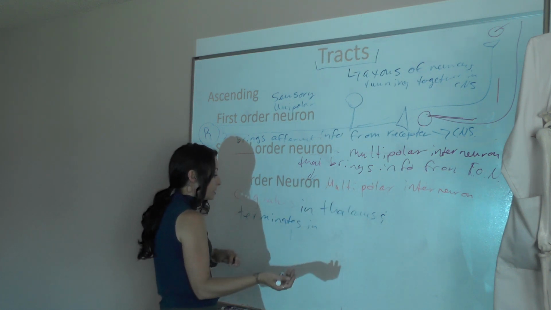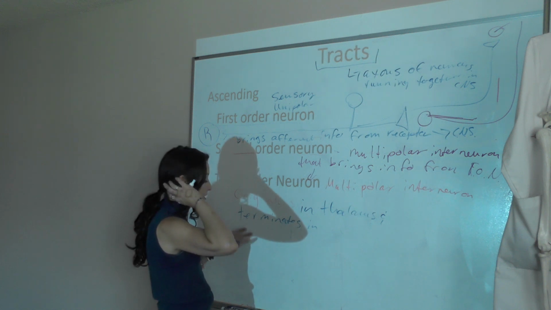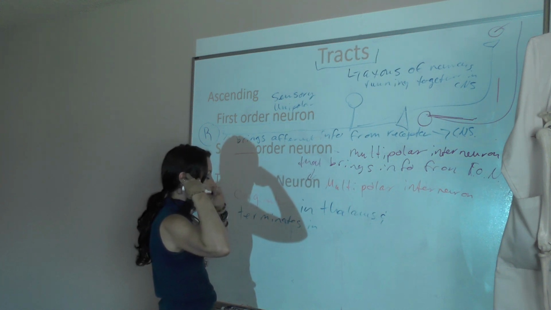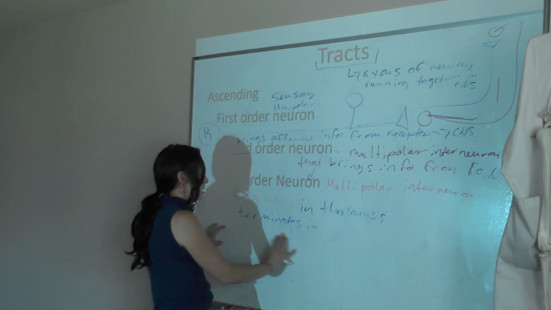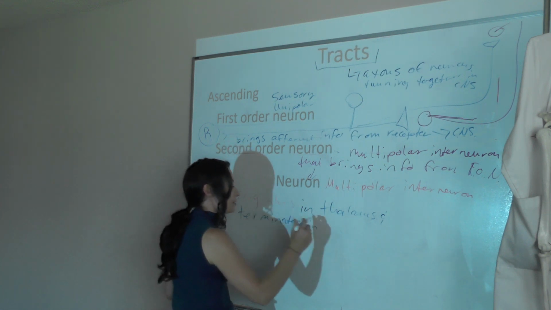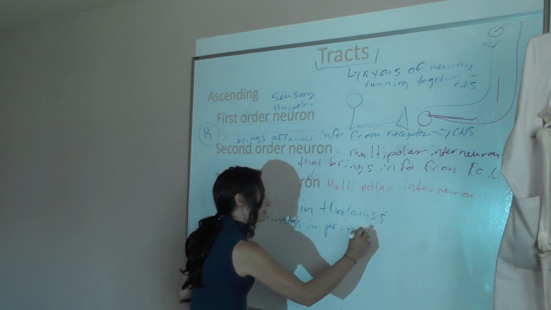In this case, the somatosensory cortex, your primary visual cortex in your occipital lobe, primary olfactory and auditory cortex in your temporal lobe, primary gustatory cortex in your insula. So we'll just say it's going to synapse in the primary sensory cortex.